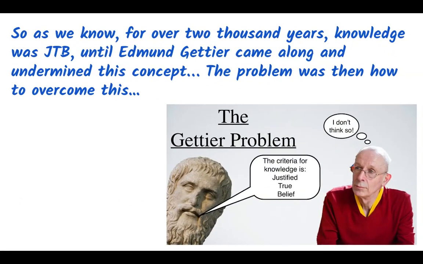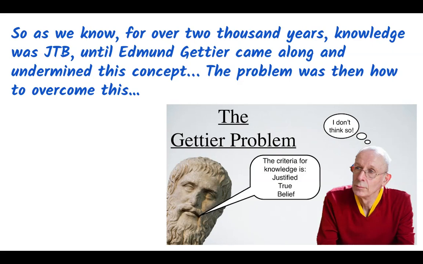If you've watched my previous video, or indeed you've got your notes there, which I'm sure you have, you'll know that for over 2,000 years, knowledge, as we understood it, was justified true belief. And then in the early 1960s, Edmund Gettier came along and basically undermined the concept.